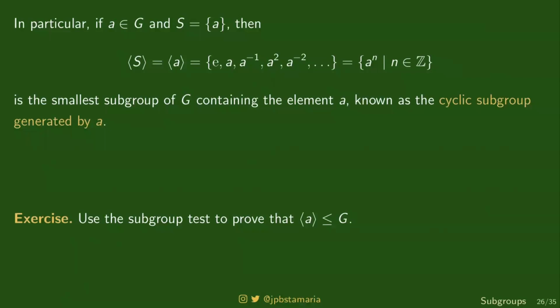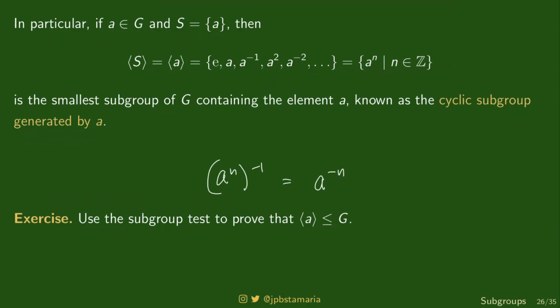Well, hindi na kailangan gawin ito, pero you can still use the subgroup test to prove in detail that this set will form a subgroup of G. Kasi yung identity, for example, it's A to the 0. Ang product ng dalawang powers ng A by the law of exponent is again another integer power of A. Pangalawa, ang inverse ng isang integer power ng A is again an integer power of A. Kasi ganyan ang law of exponent natin.